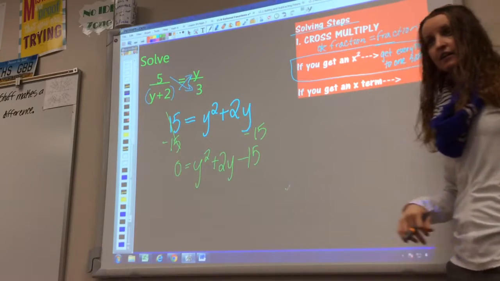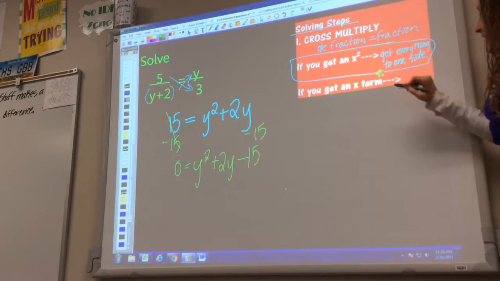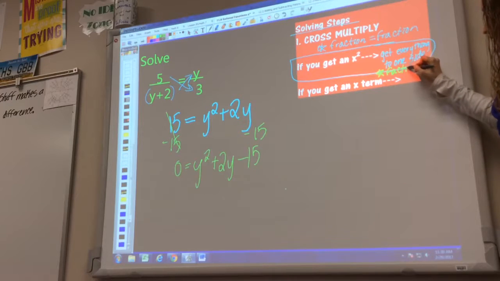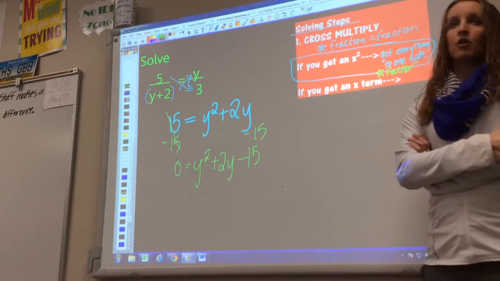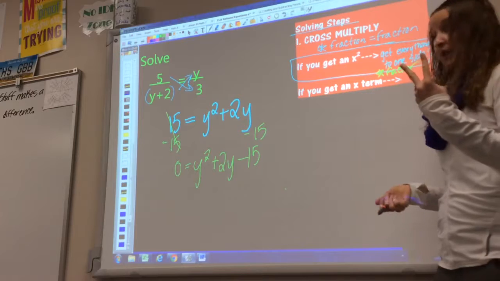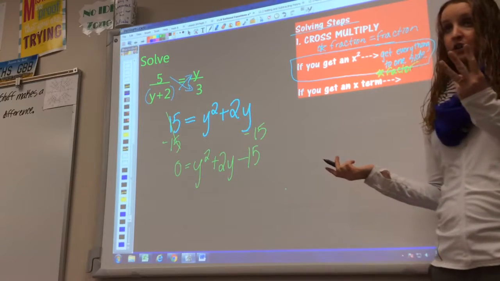Any questions there? Okay, then the next thing you might want to write down, when we get everything to one side, we always want to factor. We always factor to be able to solve when we have a term squared. Well, let's go through our factoring steps. Do we have a greatest common factor? No. Is that a difference of squares? No. Is that like a perfect trinomial?